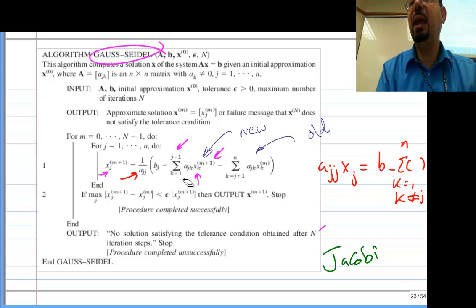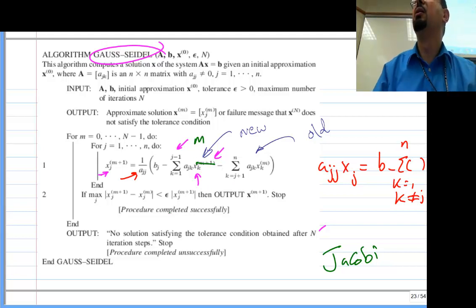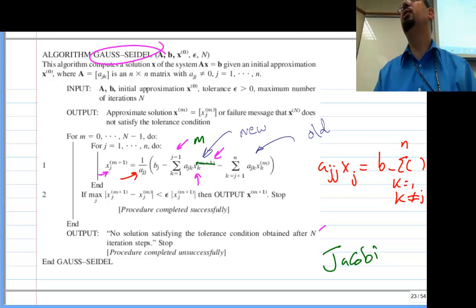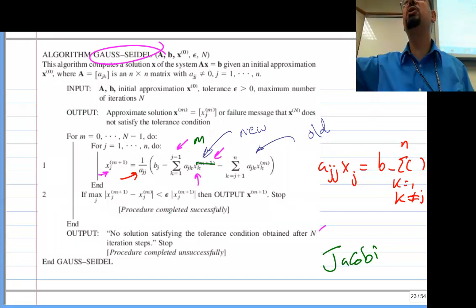Then it just becomes k equals 1 all the way to n without, of course, the j part. You have to skip the j. It's basically as if this will end up being m. So he's adding all the old values. He never uses the new value for his calculation. Row after row after row, he's always using the old values.